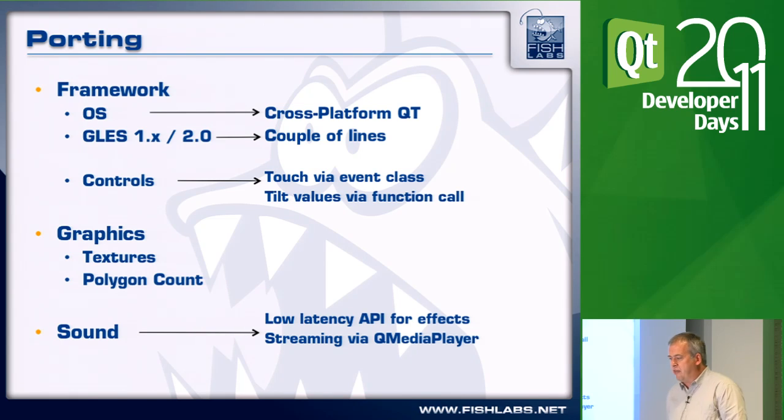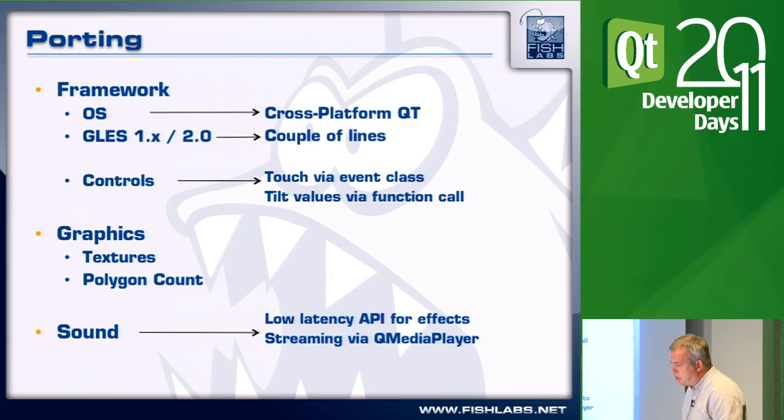But it's very easy to bring over the sound API. So with this kind of Games API in place, we could really have the same source code and the same graphical assets you have seen, or maybe you will see on the N9, on the Symbian 3 platform. So it's really the same code base.